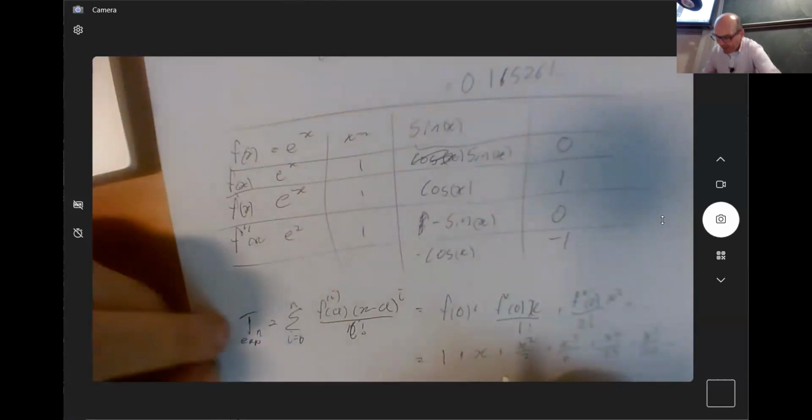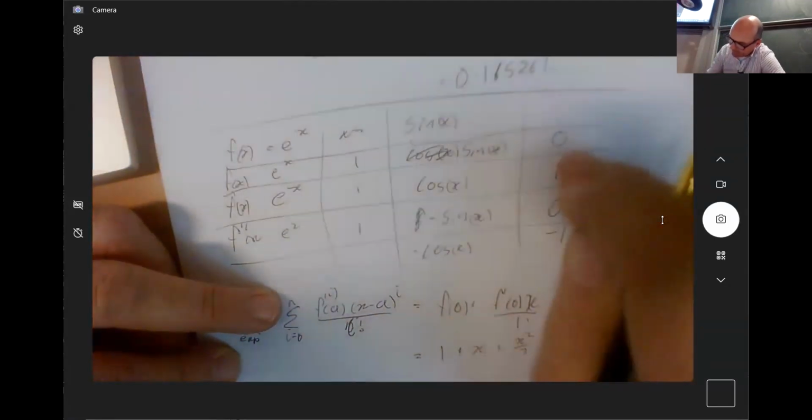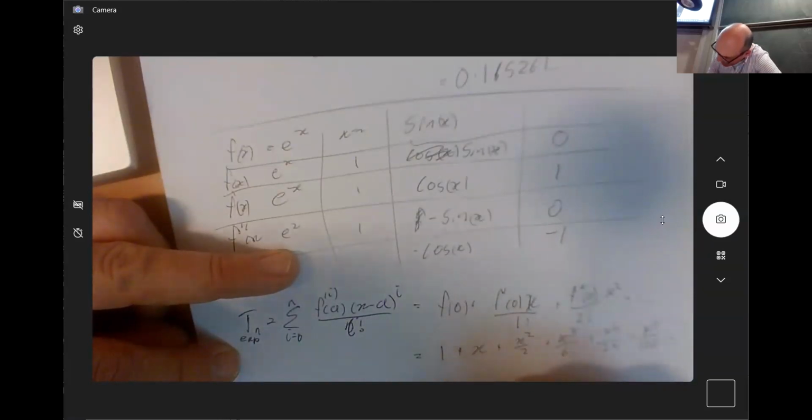So if I write that out, this number is 0 plus 1 times x plus 0 times x squared on 2 factorial plus minus 1 times x cubed on 3 factorial plus 0 times x to the 4 on 4 factorial. You kind of have to go a little bit further.